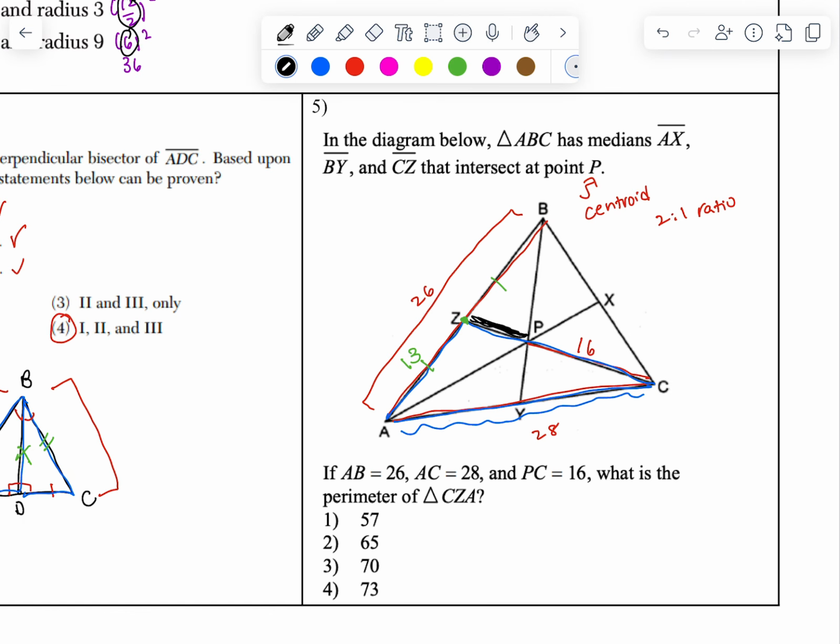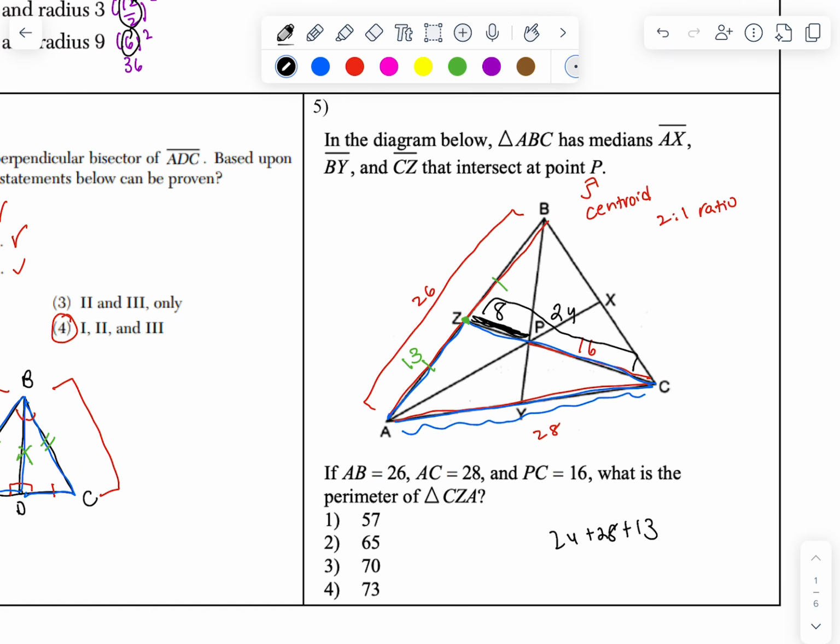And we already know the longer part of that median is 16. And we know that there's a 2-to-1 ratio. So the one part's going to be half of that, it's going to be 8. So altogether, this would be 24. So we can do 24 plus 28 plus 13. And that gives us 65.